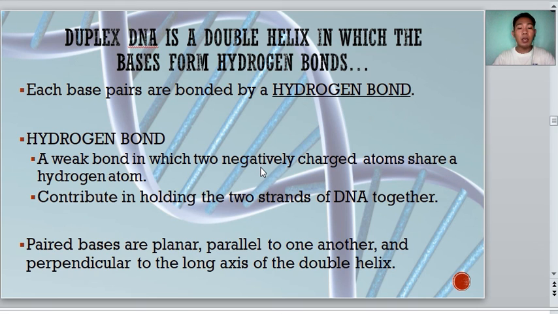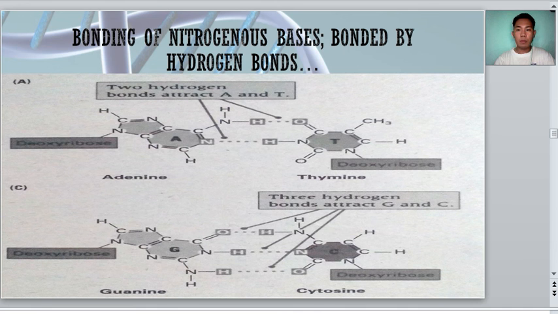Hydrogen bonds contribute to holding the 2 strands of the DNA together. Paired bases are planar, parallel to one another, and perpendicular to the long axis of the double helix.